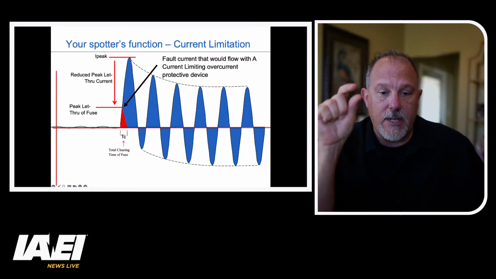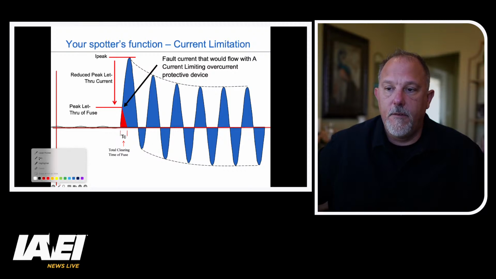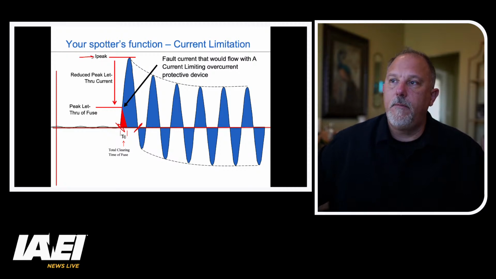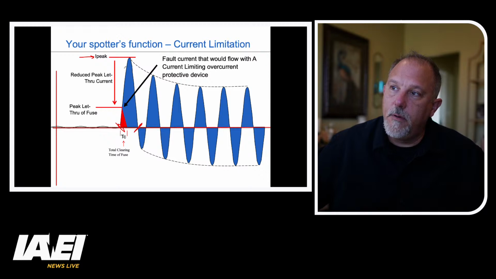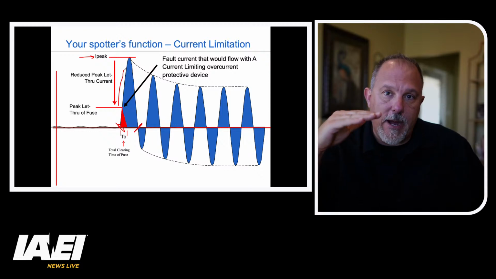That first half cycle, right here, from that point to this point, that first hump, that peak value, and the slope of that leading edge, what I mean by the slope, it's the rate of rise.